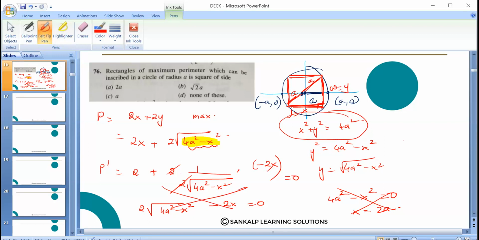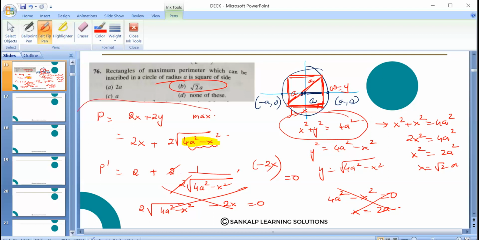So suppose if it is a square, x square plus y square also will be x square, equal to 4a square. 2x square will be 4a square. X square is 2a square. X is root 2a. So option B can be taken. So these all will not help you. This part is not helping you. Only Pythagorean theorem will help you.